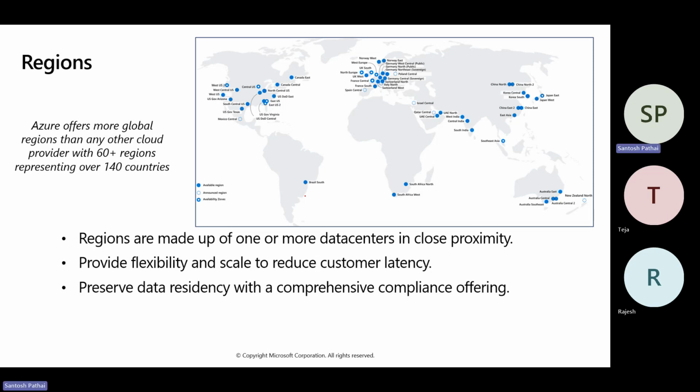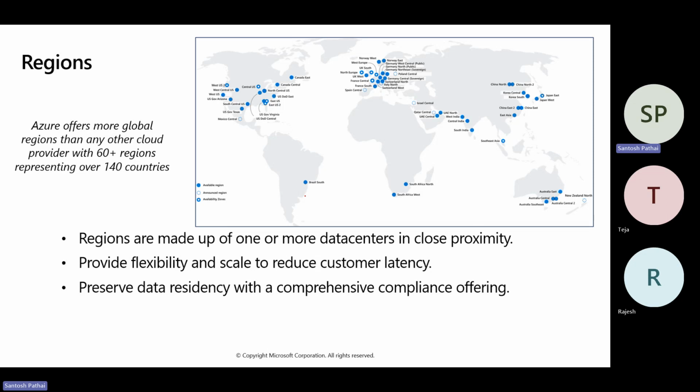So they are in close proximity. It provides flexibility and scale to reduce customer latency. Apart from that, it helps us preserve data residency within a comprehensive compliance offering. So let's say an organization wants to keep the data in India only. In India, they will have an option of 2 to 3 regions, and each region will have multiple data centers.